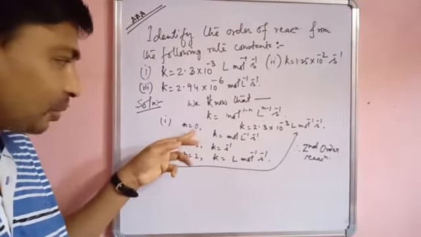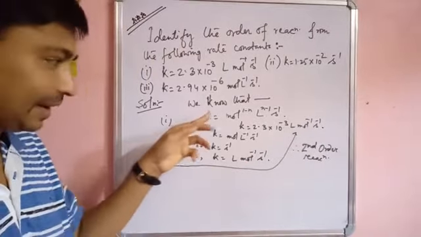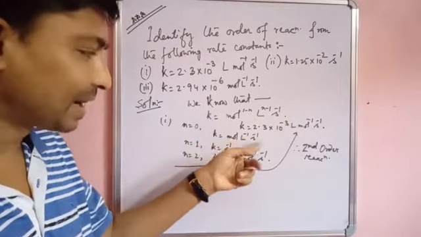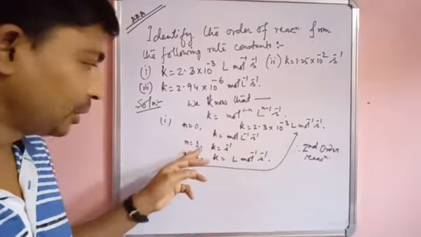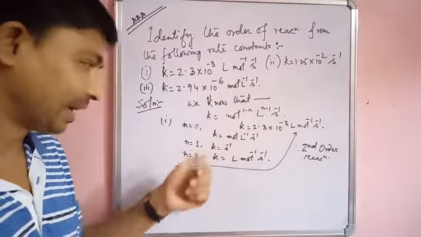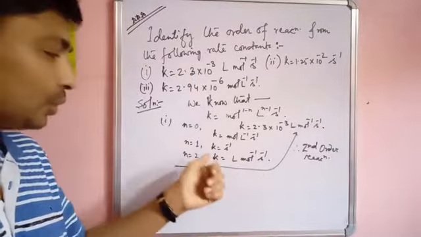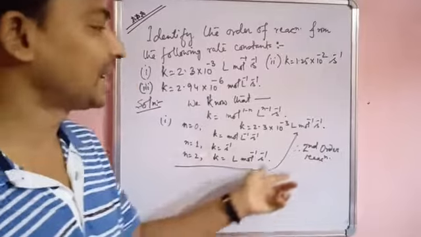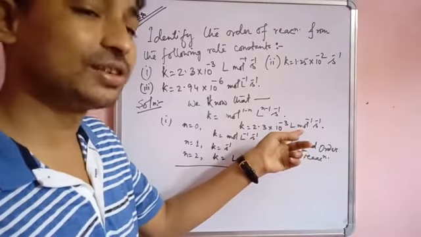If n equal to 0, k comes out to be mole per liter per second. If n equal to 1, k is only per second. And if n equal to 2, k comes out to be liter per mole per second, which is coinciding with this value.